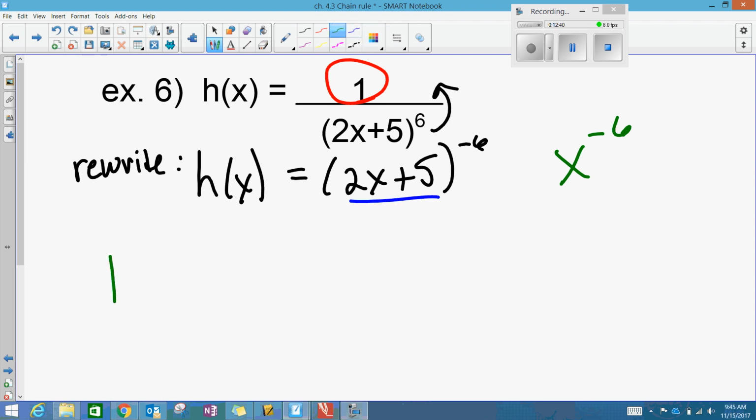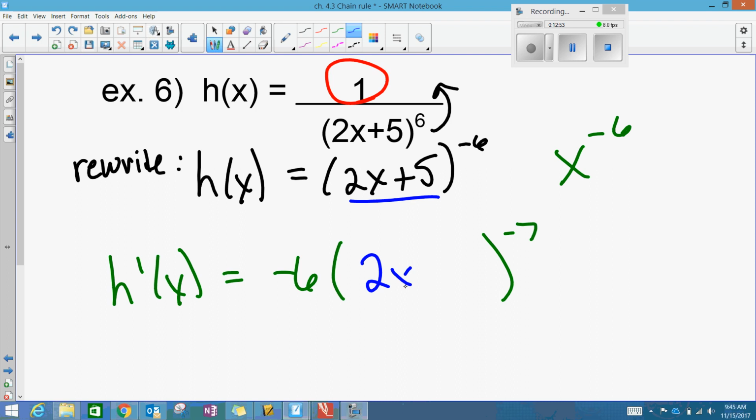So now if we take the derivative of the outside function, we bring down the negative 6 and subtract 1 from the exponent, gives us negative 7. Inside stays 2x plus 5, and then the derivative of the inside is just 2.